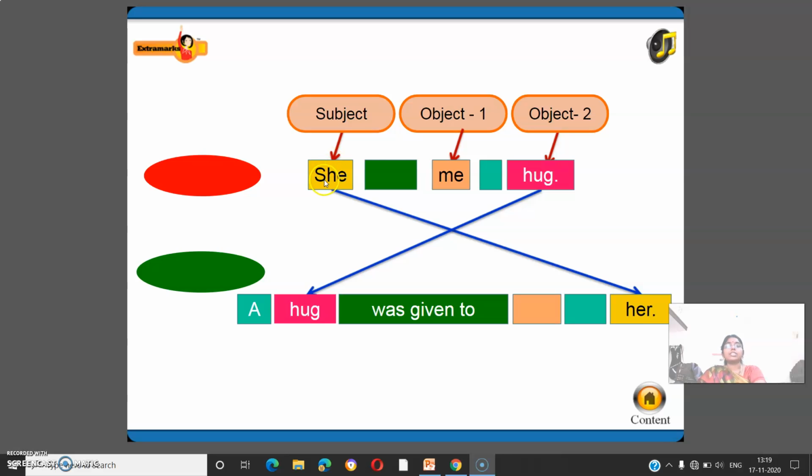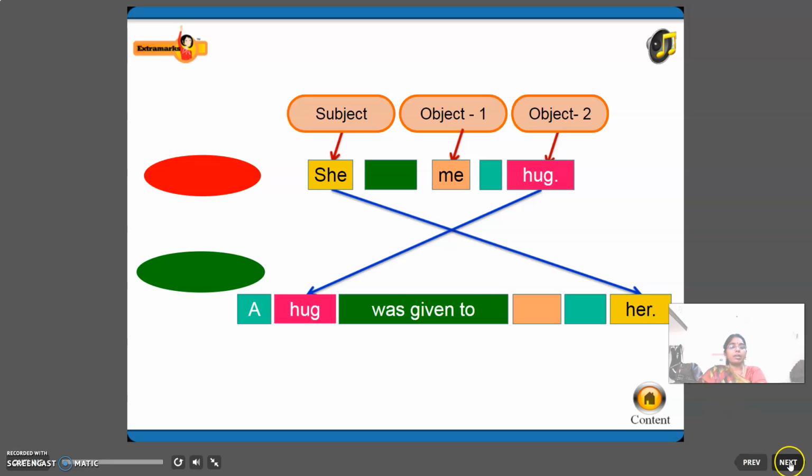One example is, she gave me a hug. Here, object 2 has to be considered as the subject in passive voice. A hug was given to me by her. Okay.